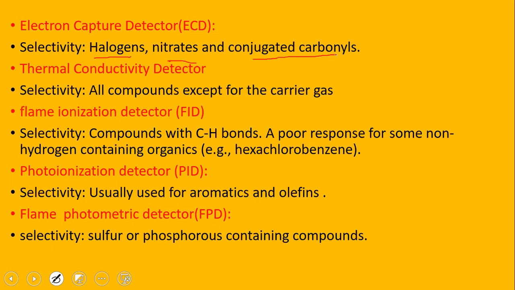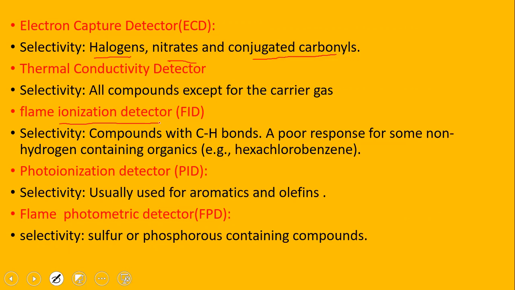Then flame ionization detector. Compounds with the CH bonds. This gives a poor response for some non-hydrogen containing organics. For example, hexachlorobenzene, in which 6 hydrogens are replaced by chlorine. So these compounds cannot be detected by flame ionization detector.